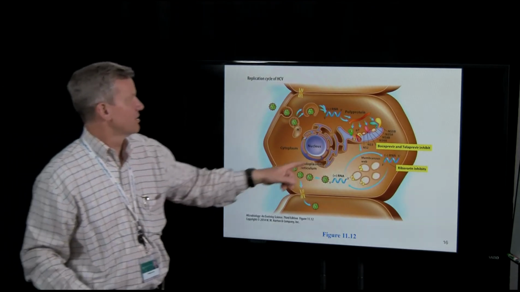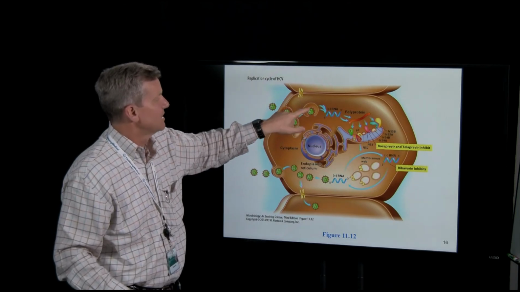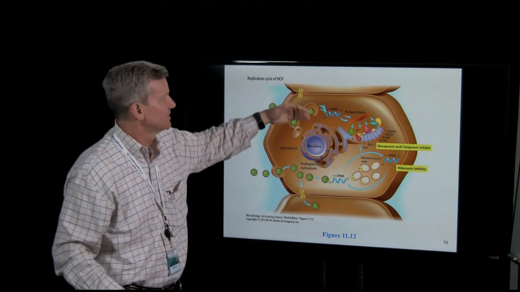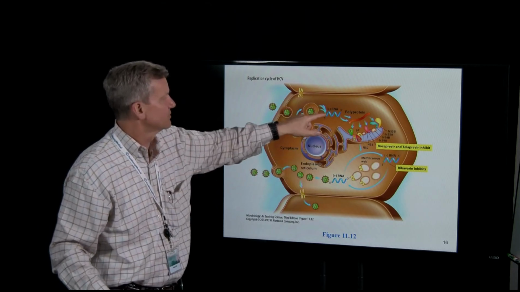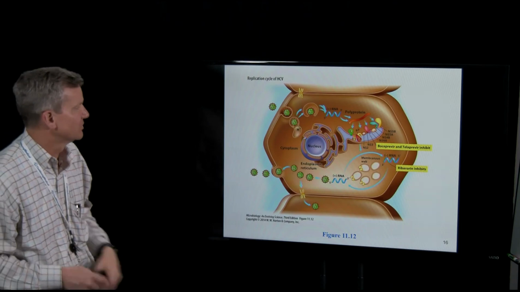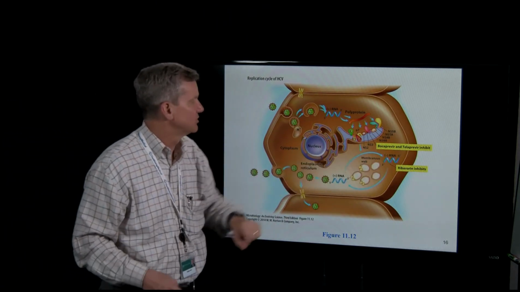The polymerase goes back to this positive sense RNA, makes a negative sense or antisense strand, and that can serve as template for more of the positive sense genome of the virus. And that happens down here in what we call this membranous web.